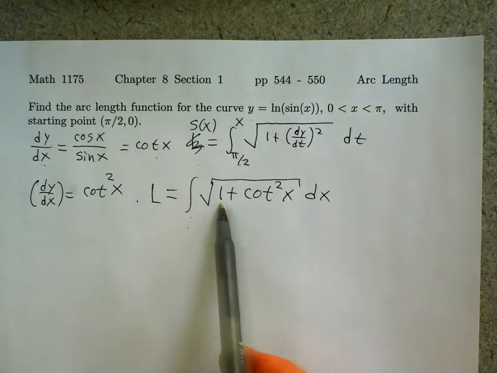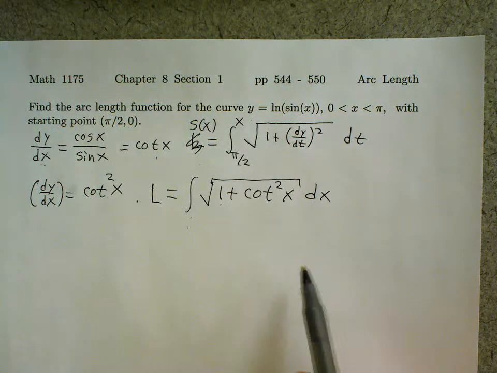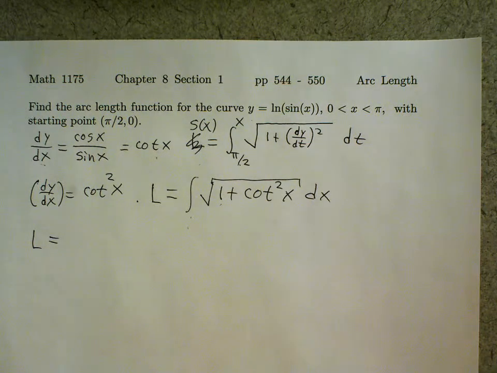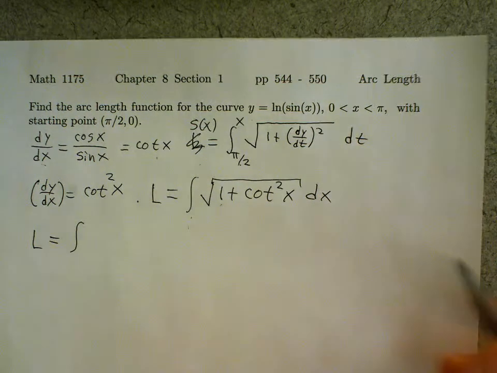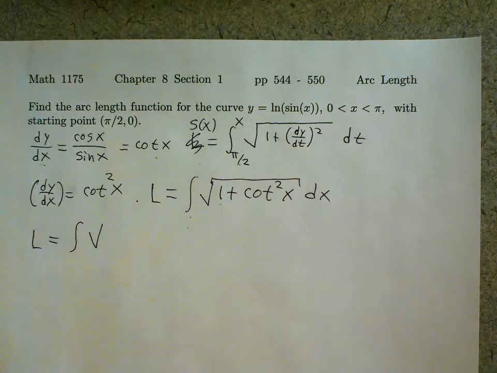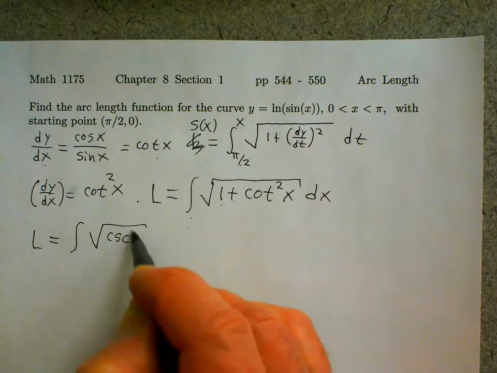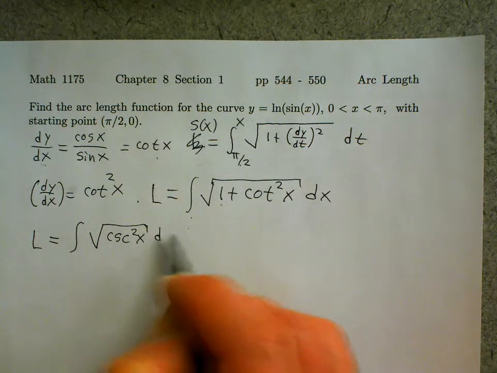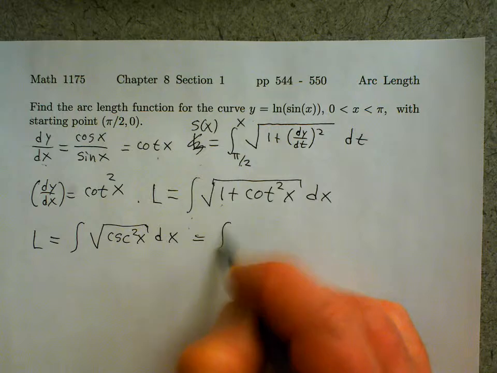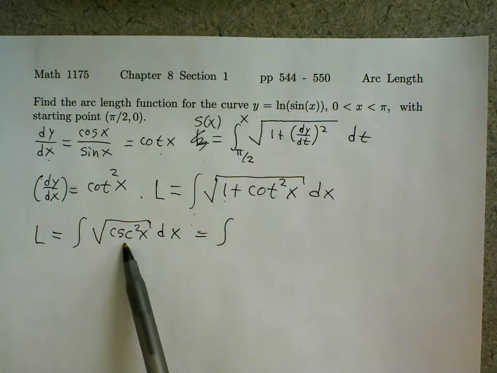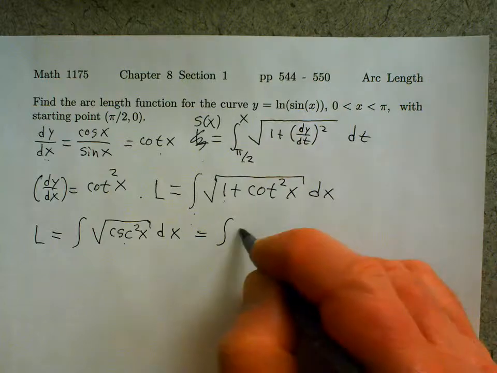And 1 plus cotangent of x squared is cosecant of x squared, and the square root of cosecant of x squared is cosecant of x.